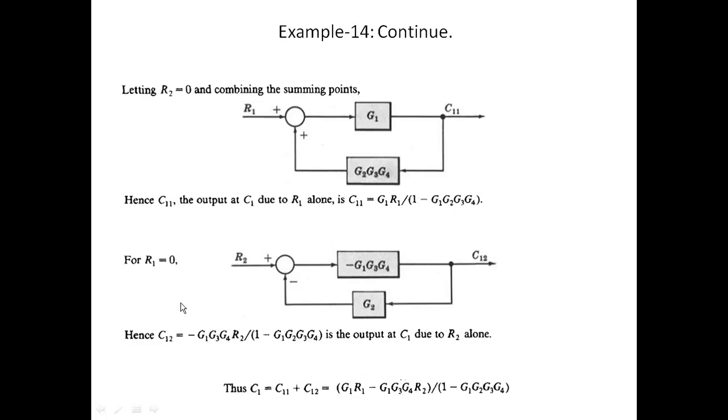And C12 is the response due to R2, at that time R1 is equal to 0, so this is the calculated C12. After adding C11 plus C12 we get C1. So the output response C1 we calculated. So half the part is done.